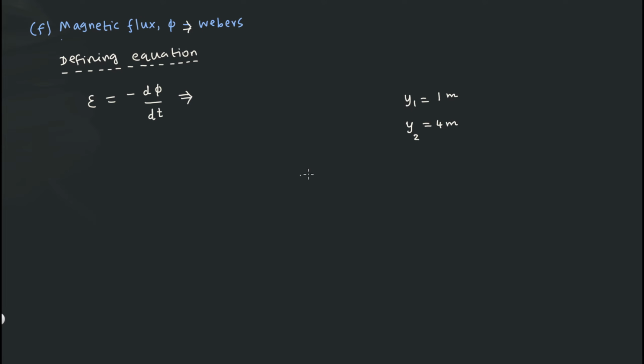What do I mean by y1, y2, etc.? If you have a coordinate system where this is 0, this is 1, and that is 2, etc., in the y-axis, then this particular point is y1. So you can easily understand numbers like this in terms of coordinates.